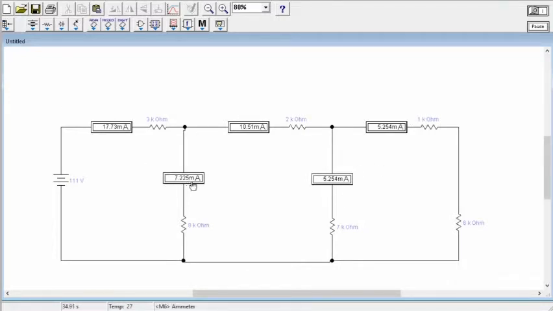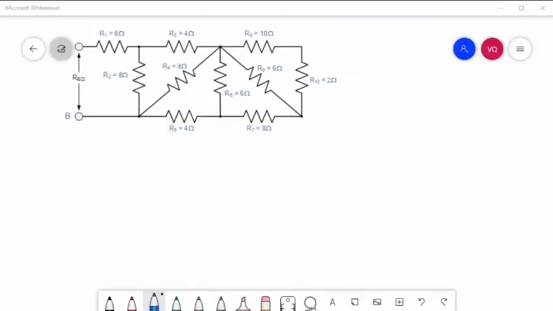So, may mga discrepancies lang kasi syempre yung rounding of numbers. Okay? So, if you are not sure of your solution, you can verify it. Let's try to solve this problem.